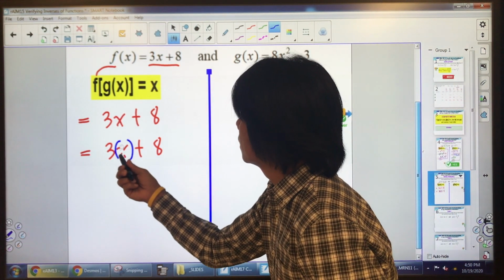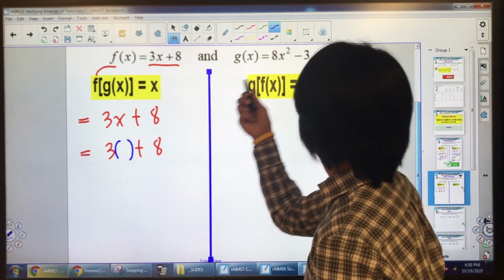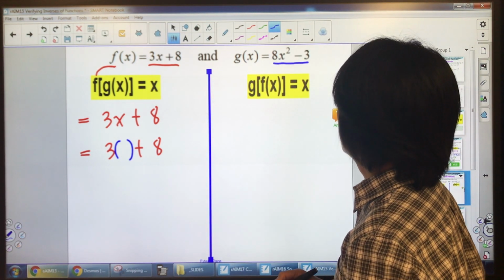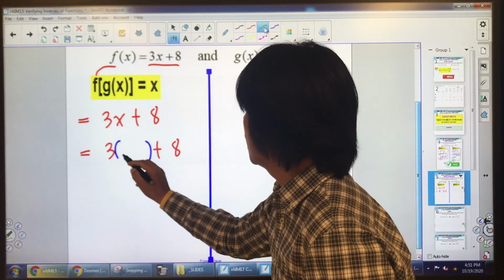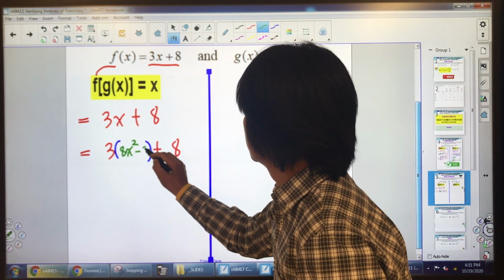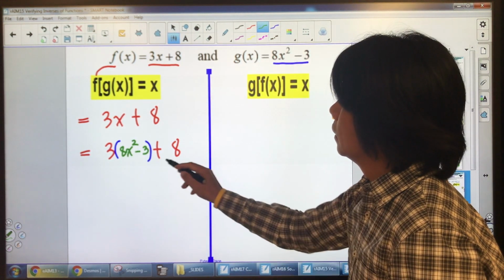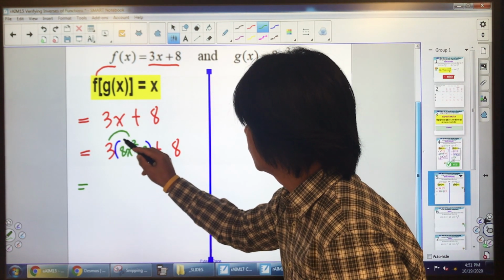And erase it. What do I put inside? This 8x squared minus 3. So this line becomes 3 times 8x squared minus 3, right? Then plus 8.